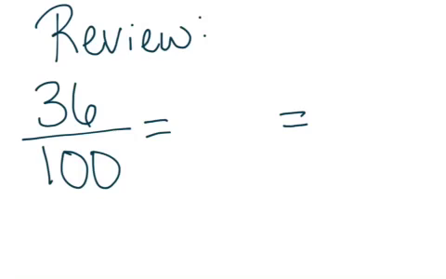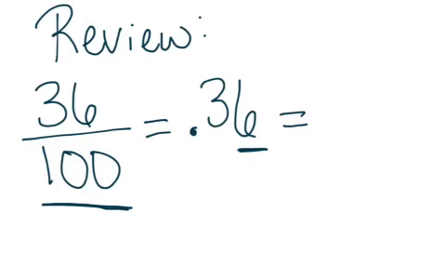If you remember your place value when we're talking about decimal places, 36 hundredths is written with the decimal point and then 36 after it, because the 6 is going to be in your hundredths place. Also, with percent, 100 is the equivalent of what percent means. Percent means per 100. So 36 over 100 is going to be equal to 36%.